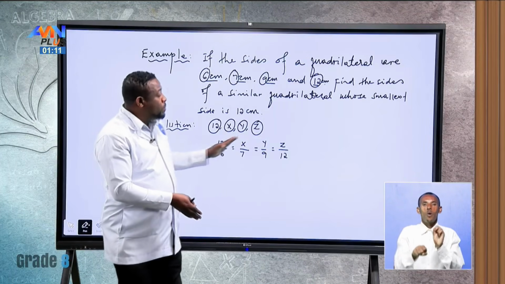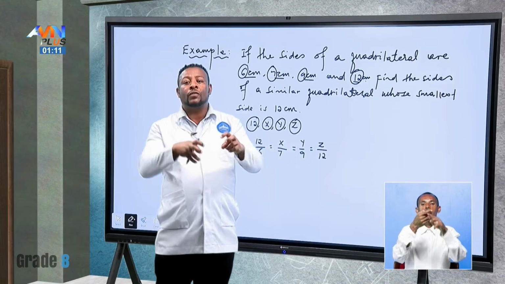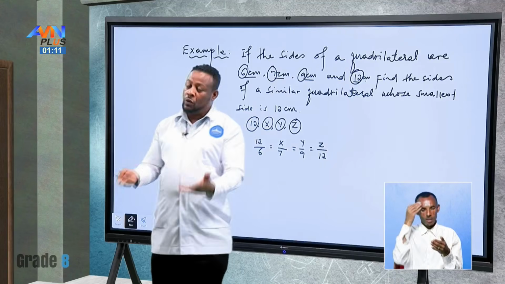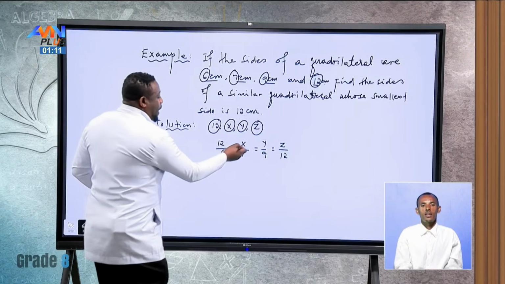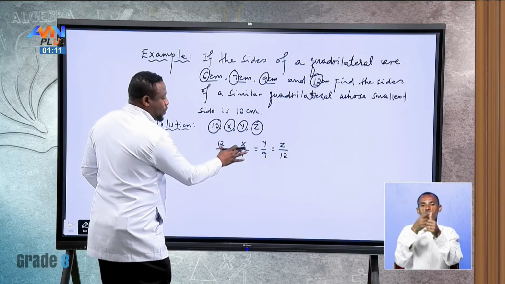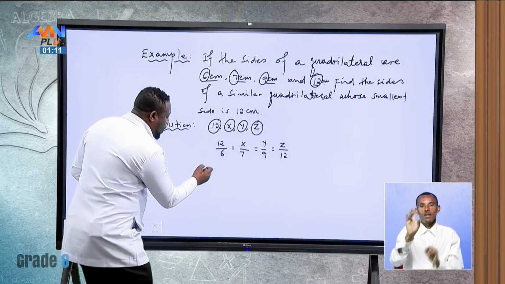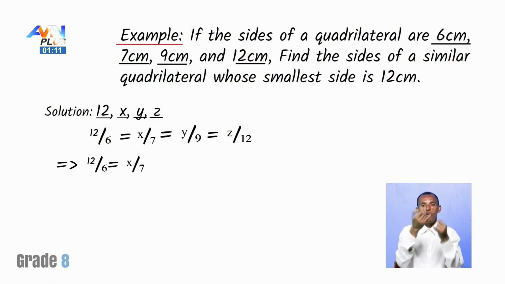So from these, we can take 3 different pairs of equations so that we can determine the unknown variables x, y, z. Okay, so take the first two, 12 over 6 and x over 7. So whenever you take this, 12 over 6 is equal to x over 7.